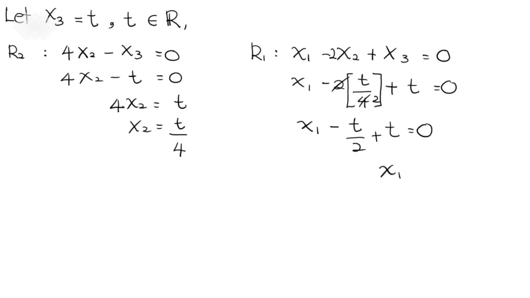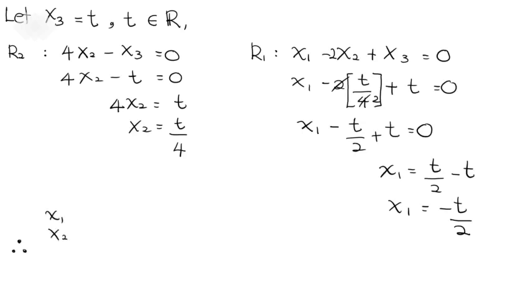So x1 equals to t over 2 minus t. x1 equals to negative t over 2.